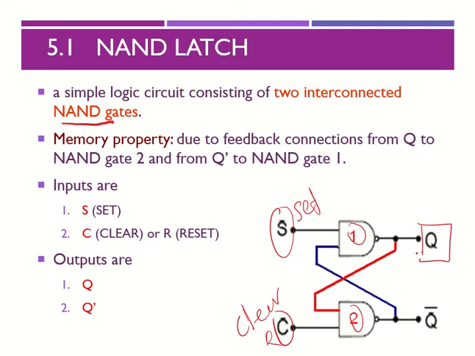We will go through this one later on. This will be input, and this will be output. There are some rules. Q and Q bar cannot have the same value. If you have Q as 1, Q bar must be 0, or if Q is 0, Q bar must be 1. This is a rule for here.